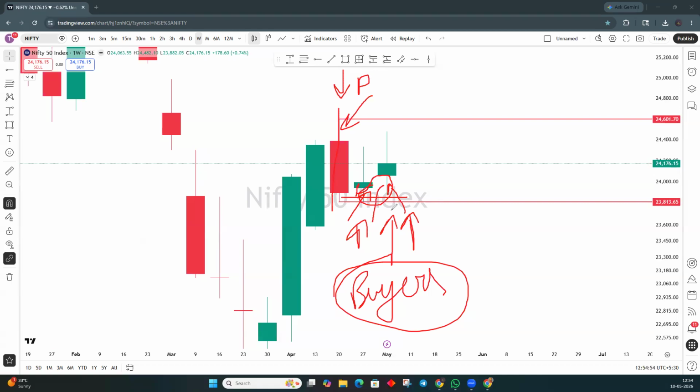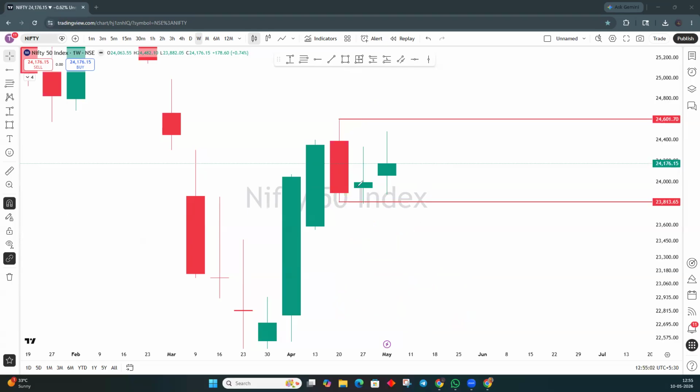If the next candle continuation is high, means what? If you see in terms of price closing, the price closed as bullish. Means how? The price closed higher as compared to the previous week. Means this was the previous closing and this was the current closing. So what does it mean?